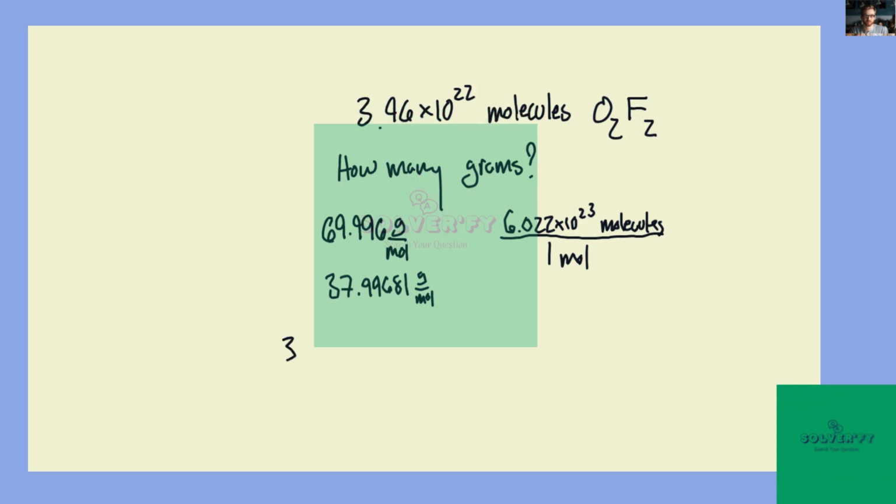So let's say 3.96 times 10 to the 22nd molecules. And if we multiply by the inverse of this conversion factor, we'll put molecules in the denominator and moles in the numerator, which is what we want, times 1 mole over 6.022 times 10 to the 23rd molecules.